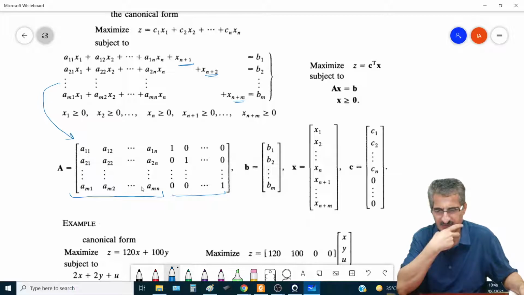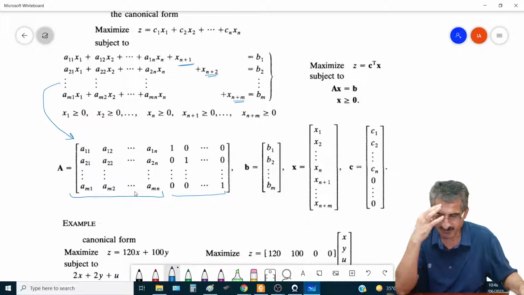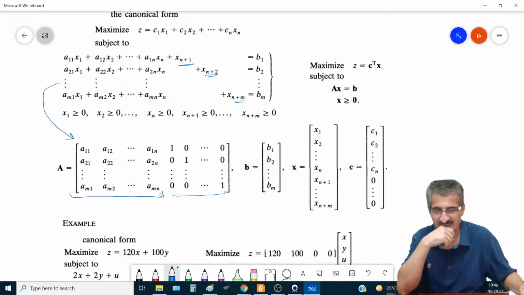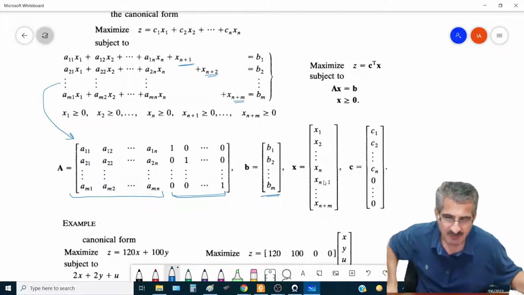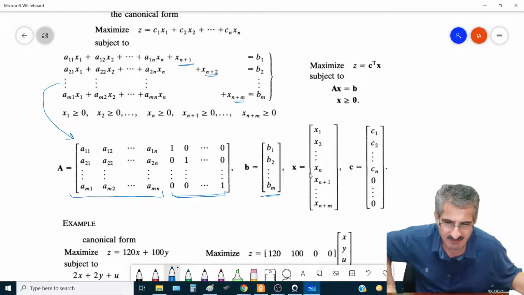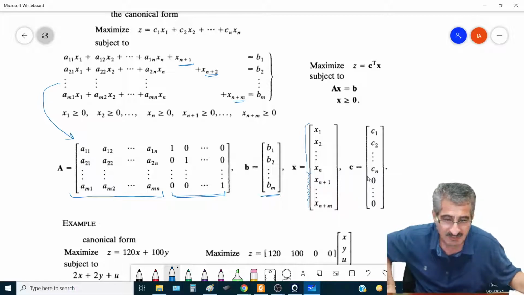Okay, good. Now this is the matrix of the canonical form. Yes, this part should be square, so it looks like identity. And this vector b, we know it. Now this is the same as our previous vector if we truncate it from here, but adding this new part to it. And to the c, we will add these ones, the zeros, and this is the old c of the standard form.